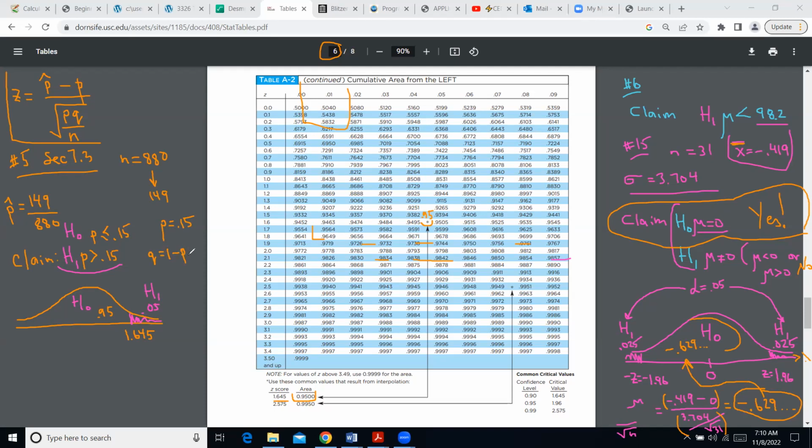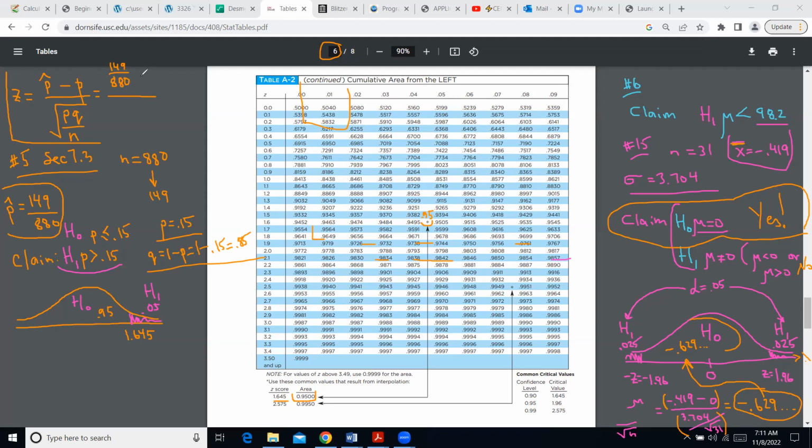So this is 1 minus 0.15, or 0.85. So I have both P and Q, and I'm going to put them in my fraction. So I already know the sample proportion, P with a hat. This is 149 out of 880. I'll just put it in the calculator the way it is.